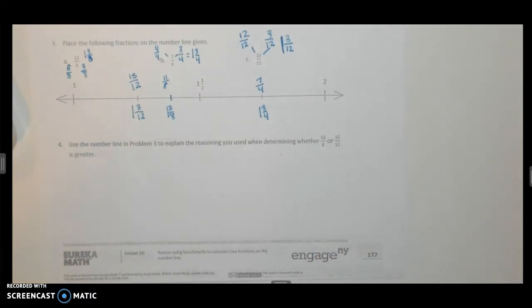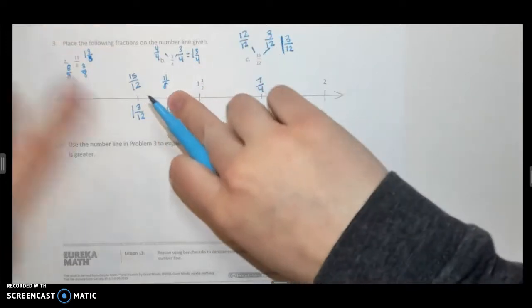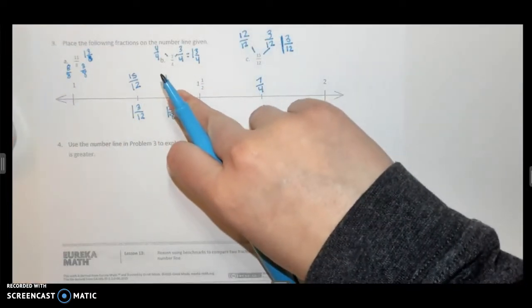Alright, number 4, use the number line in problem 3 to explain the reasoning you used when determining whether 11/8 or 15/12 is greater. So here we have our 11/8 was here and our 15/12 is here.